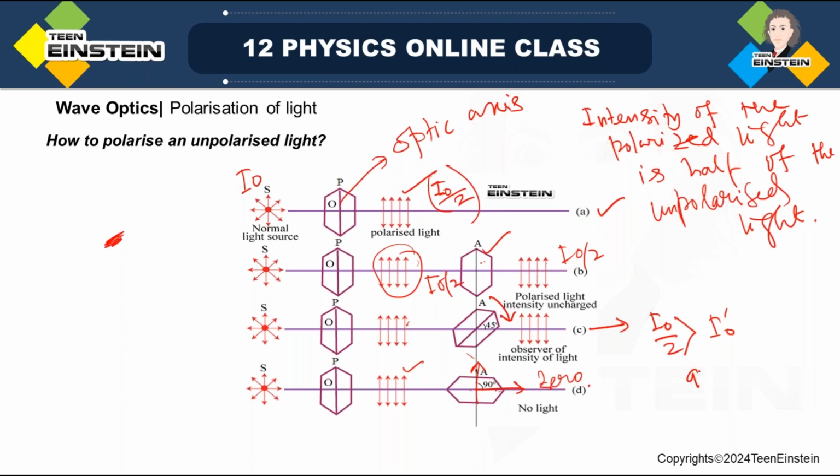At 90 degrees the intensity will be 0, and at 270 degrees also you will see zero intensity.